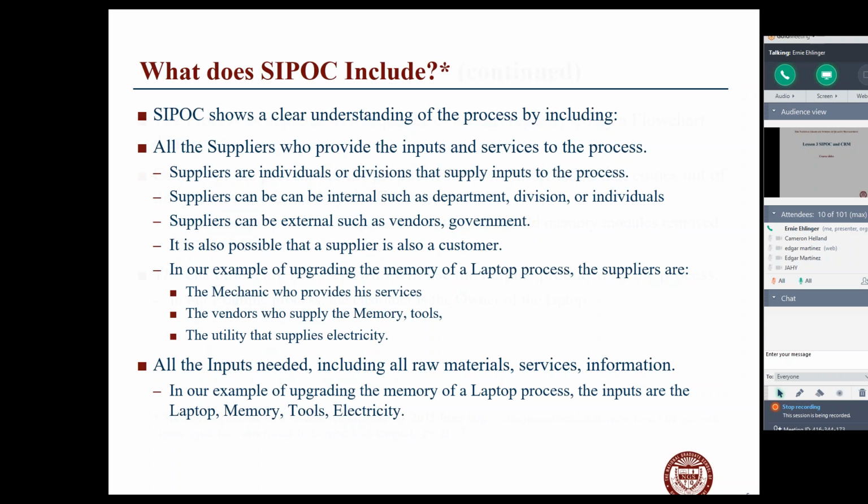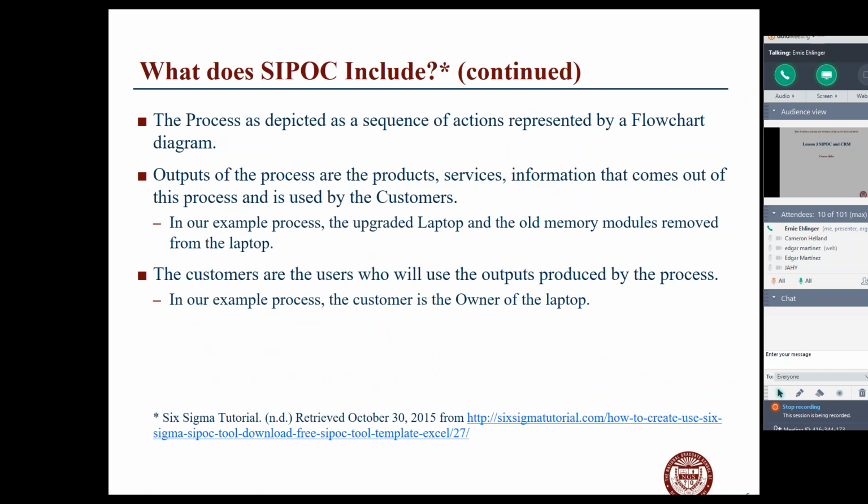Let's continue on just a little bit more. In the process map, you want to keep it small. You want to do the macro because you want a high level. What you're trying to do is think about what the inputs to that process are and where they enter in.